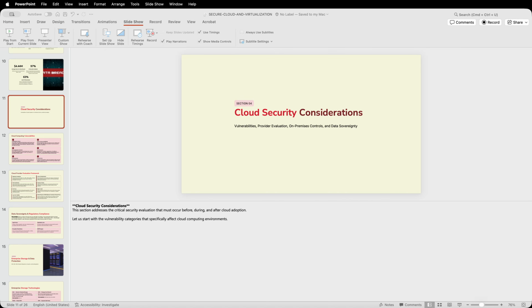Now, there are many different types of federation protocols like SAML and OAuth. Now, for denial of service, cloud environments face both traditional DDoS attacks and application layer attacks aimed at exhausting compute resources.